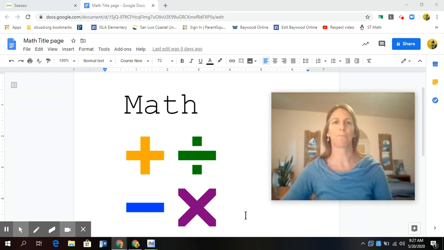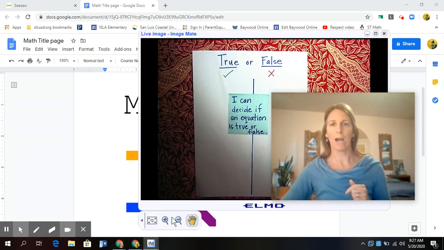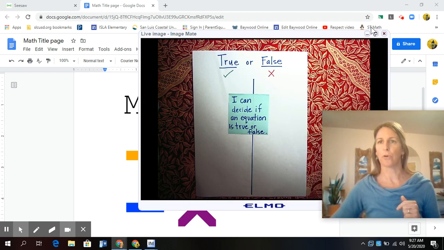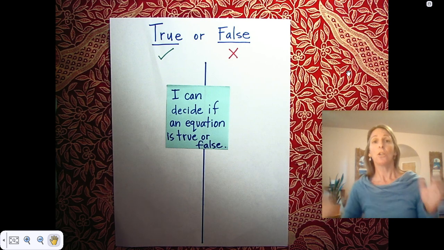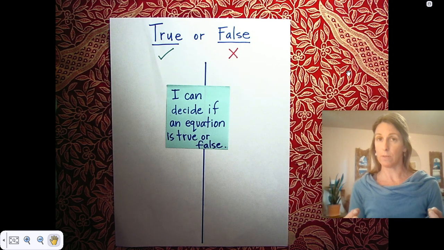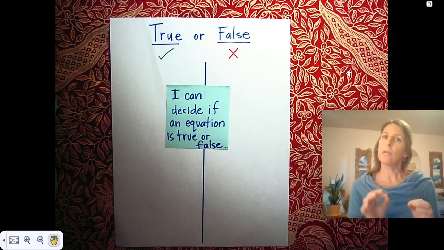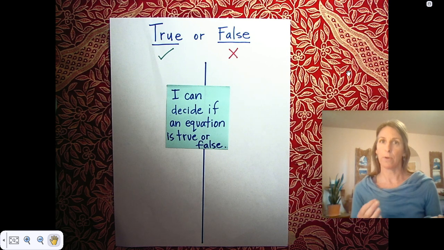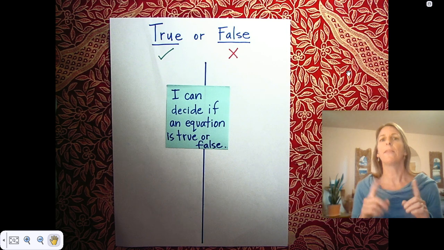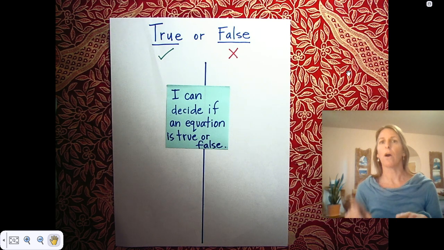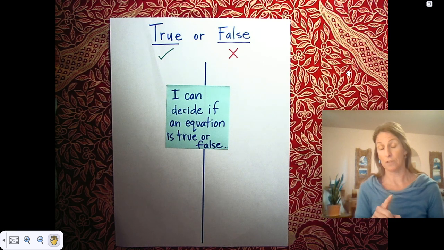So here we go. Let me show you your I can statement for today. And for this part of the activity, you can just watch with me, or you can follow along with paper and pencil, kind of like taking notes and practicing. And then after I explain it here, I'll show you the Seesaw activity for today.